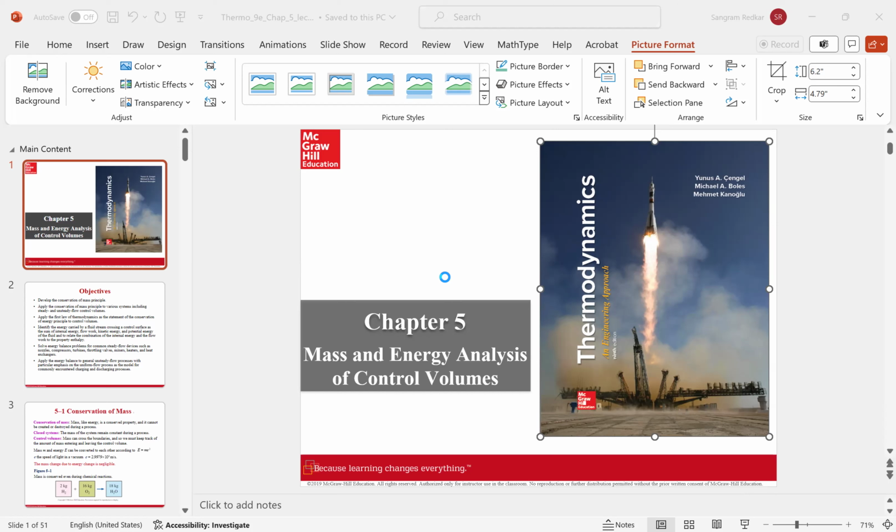Now, the coming in and going out is with respect to mass. When I say in, this is all the interaction related to mass going in. Out means all the energy interaction related to the mass going out.